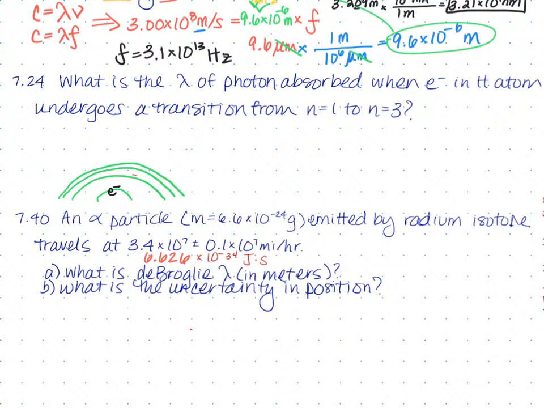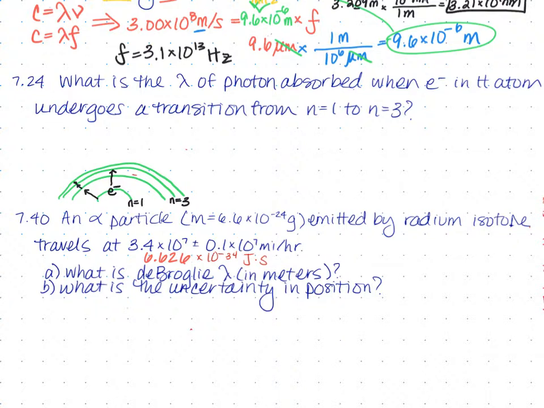So we're looking at the transition from n equals 1, which is the lowest energy state, and where the electron has the greatest negative energy, meaning it has the lowest energy, and it's going to go up to n equals 3. Notice the gap in energy is larger from 1 to 2, then from 2 to 3, then from 3 to 4. So the difference in energy from one level to another level gets increasingly smaller.